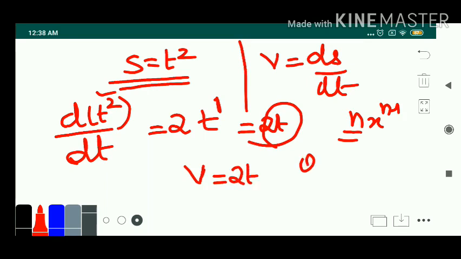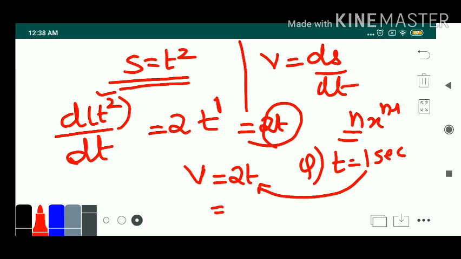If the question had been what will be the velocity at 1 second, you just have to substitute 1 in this equation, and you will get 2 meter per second. Suppose the question is changed from 1 second to 2 seconds. Then you have to replace t with 2, so the answer will be 4 meter per second.